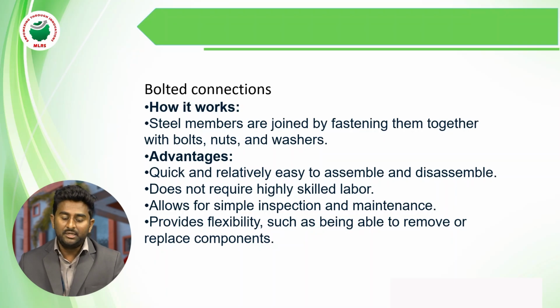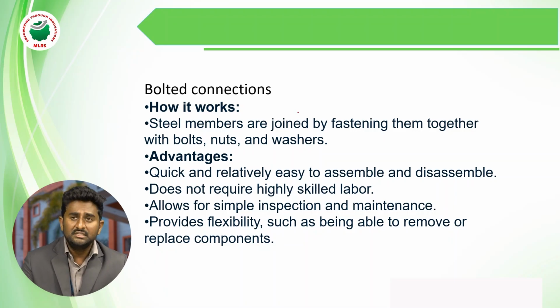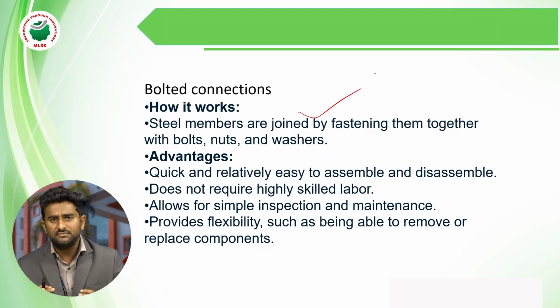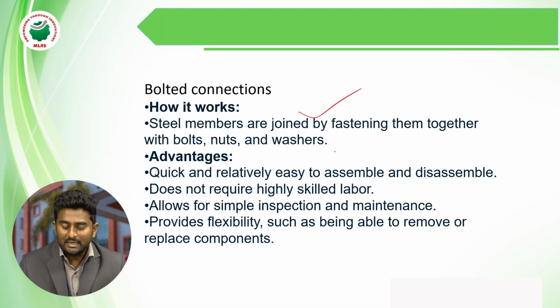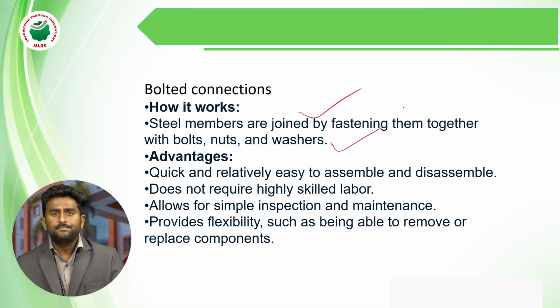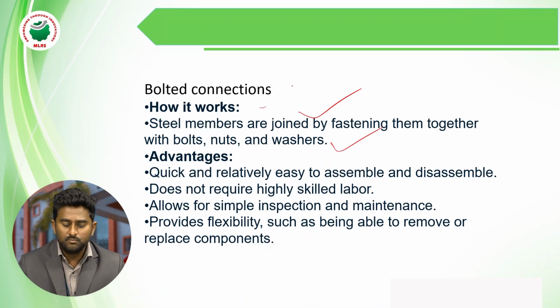Next, coming to the bolted connections, how do they work in steel structures? Already you have to know bolted connections. The steel members are connected from one structure to another with the help of bolts.